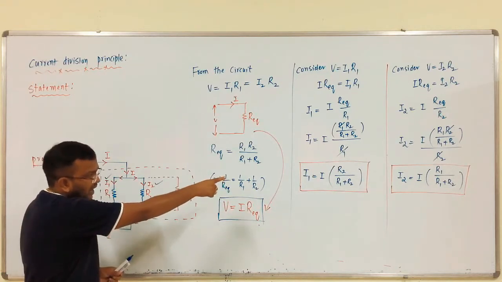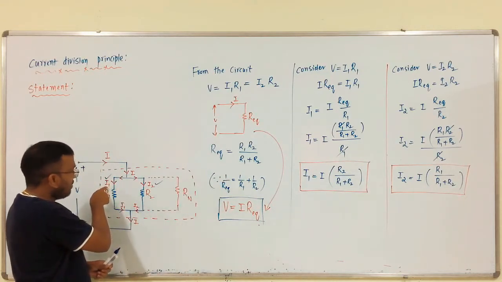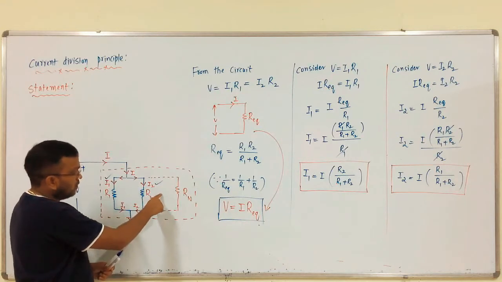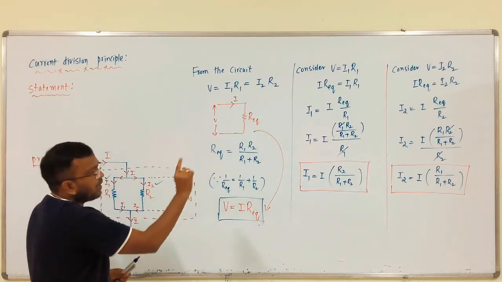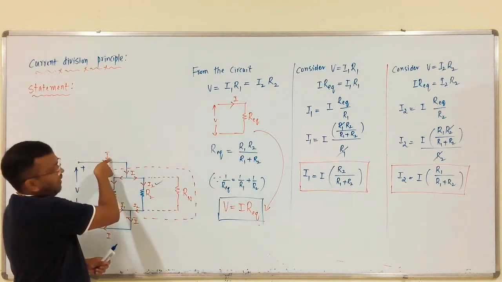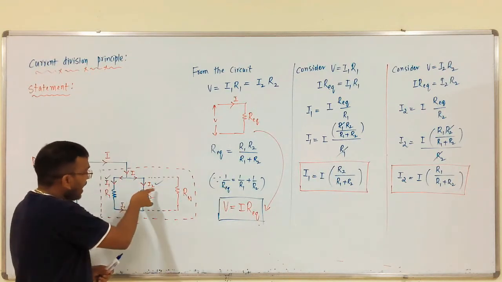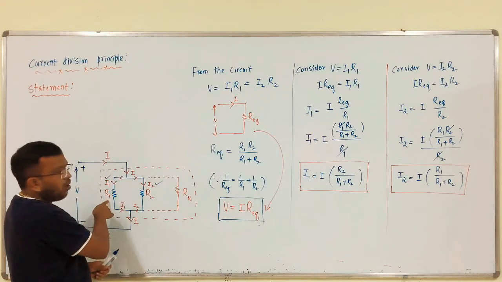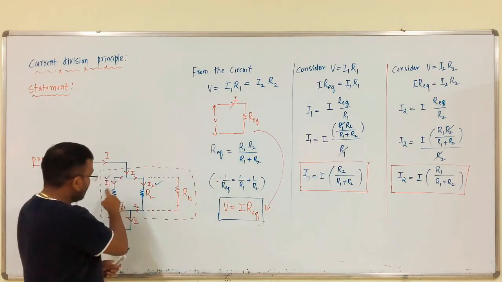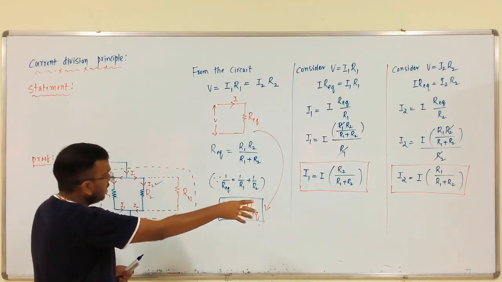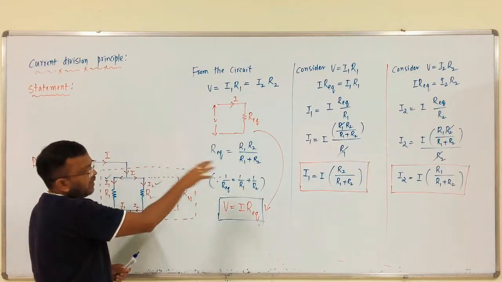To calculate I1, it is R2, the opposite branch resistance, by R1 plus R2, into I. Like this, for I2 consider the opposite branch resistance, that is R1: I2 equals R1 by R1 plus R2, multiplied by total current I.